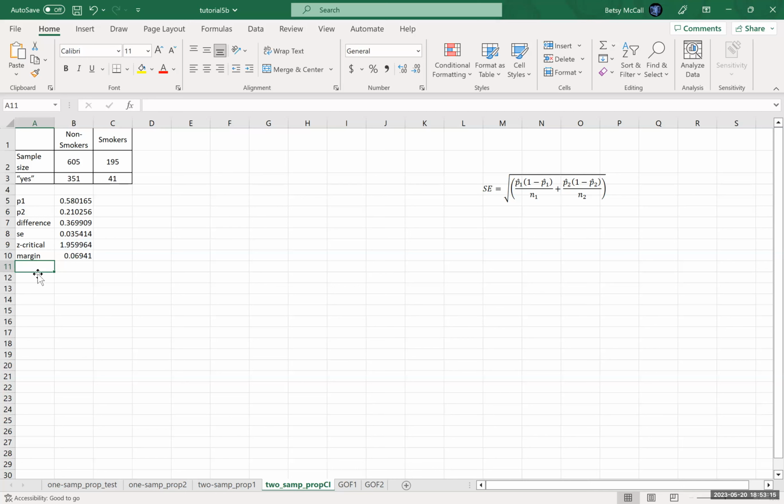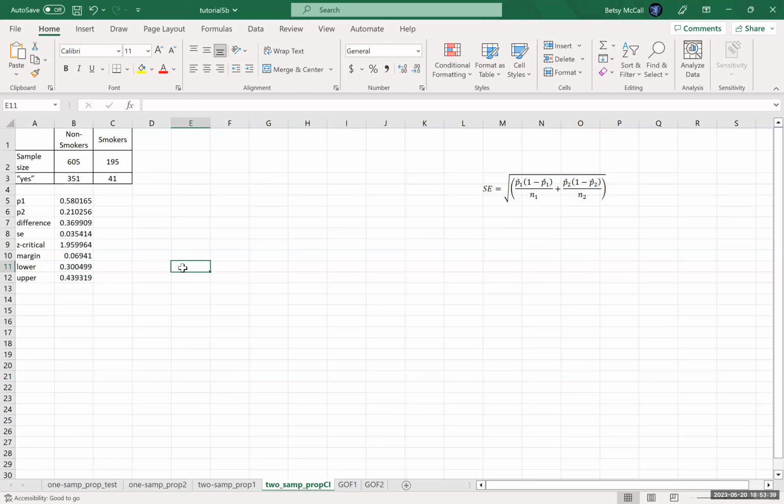And then our lower bound and our upper bound are going to be the center, the mean of our sampling distribution, which is the difference, minus the margin of error. And the upper bound is the difference plus the margin of error.